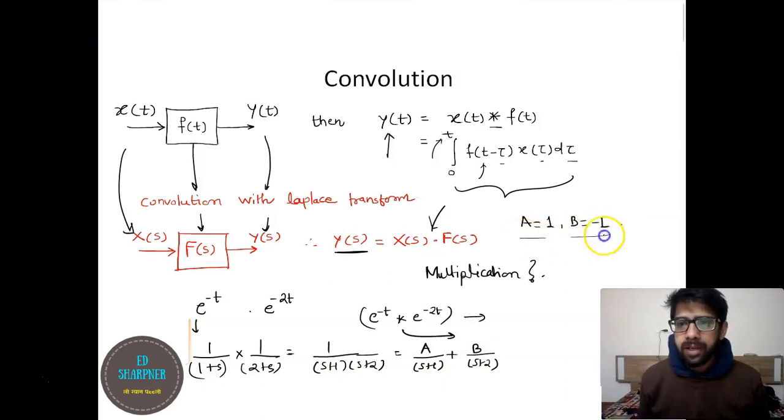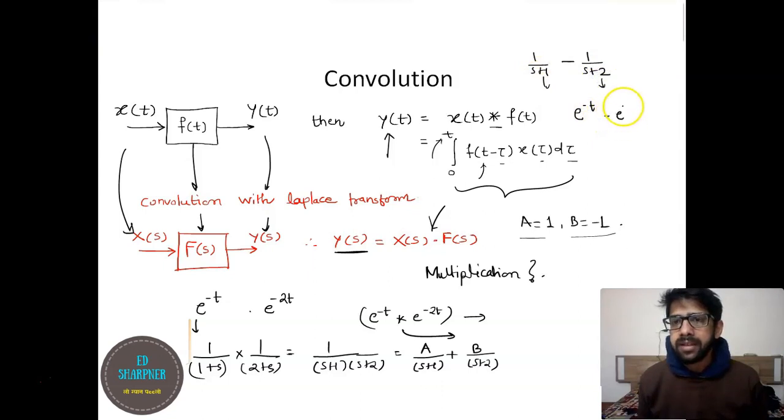So your output will be 1 upon s plus 1 minus 1 upon s plus 2. And now you can take the inverse Laplace of each function. So you will have e raised to minus t minus e raised to minus 2t.